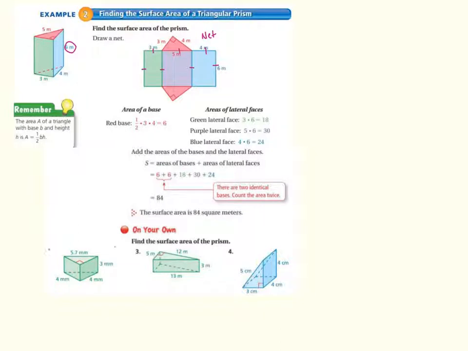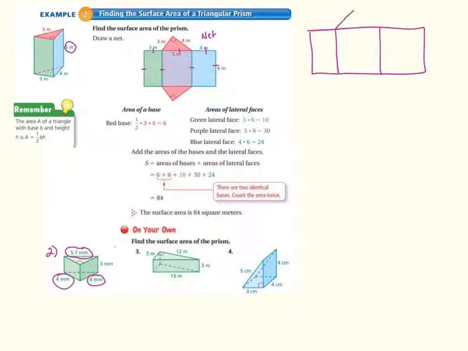Let's do this one first. Let's identify the 3 parts of your triangle first, and then we'll figure out the height of the prism. You've got one side of the triangle as this one, another side as that, and then the base of your triangle, or the diagonal of that triangle, is that. On your paper, let's try and draw this net that you see at the top, but only with these dimensions.